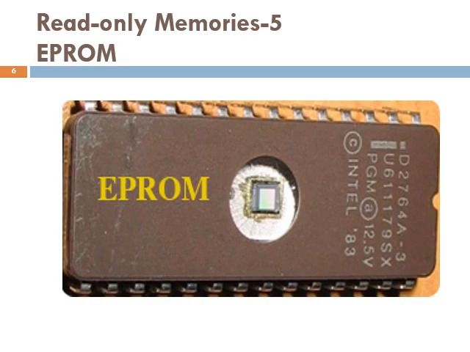This can be erased by exposing the chip to ultraviolet light, which erases the entire content of the chip. To make this possible, EPROM chips are mounted in a package that has a transparent window.